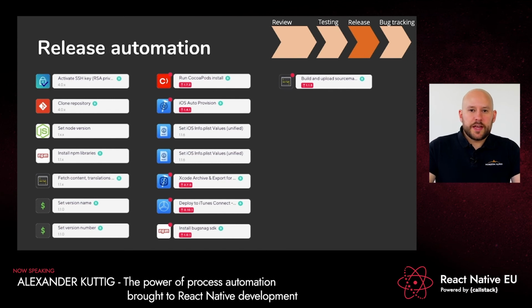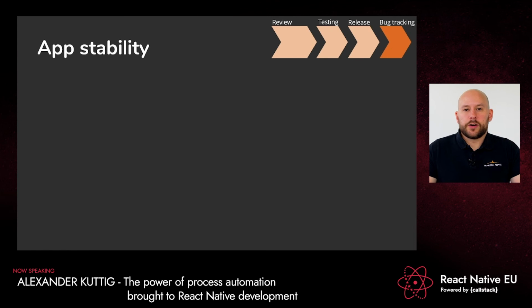Now our application is in the store and gets downloaded by our users. That's where the last step of my talk today comes into play: bug tracking and stability monitoring, and where automation can help you there. First of all, you have to collect your errors in your production app. This can help you find and fix errors so much faster.